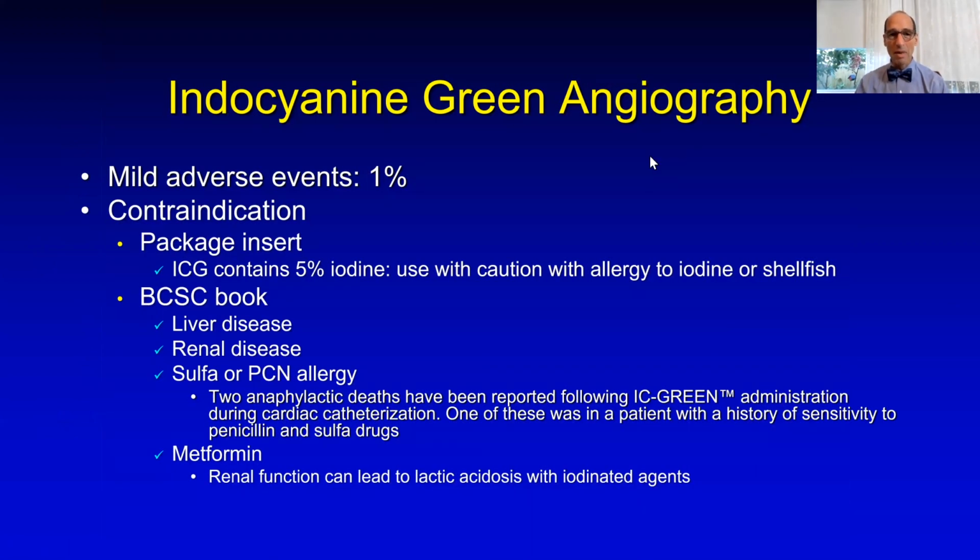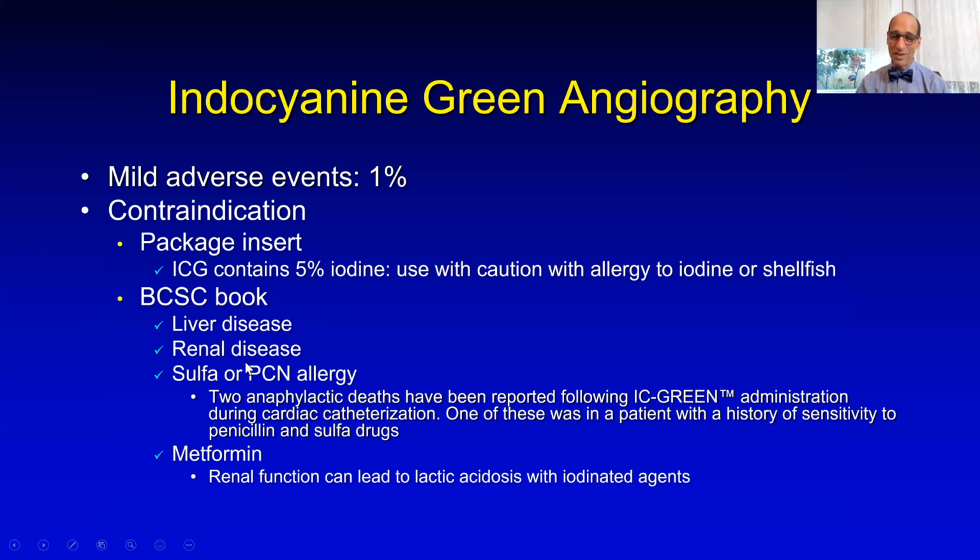In ICG, the mild adverse events, there are contraindications. It's interesting. The package insert says it contains iodine, to be used with caution in people with an allergy to iodine or shellfish. But the BCSC book lists all this other stuff, anaphylactic deaths in people with cardiac catheterization, penicillin, sulfa, renal disease, liver disease, metformin.